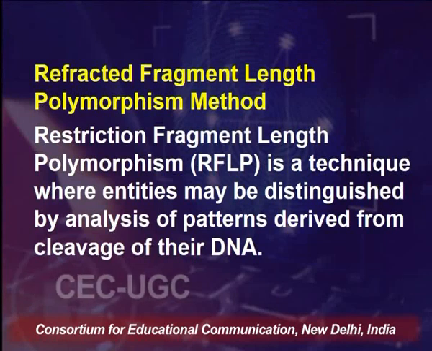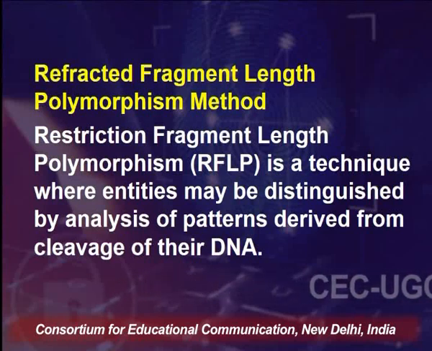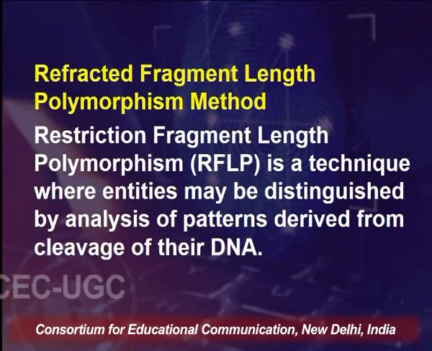Restriction fragment length polymorphism is a technique in which DNA may be distinguished by analysis of patterns derived from cleavage of their DNA. So we use particular enzymes, and the enzymes will cut DNA at particular places. And then we have short segments called VNTRs, variable number of tandem repeats.